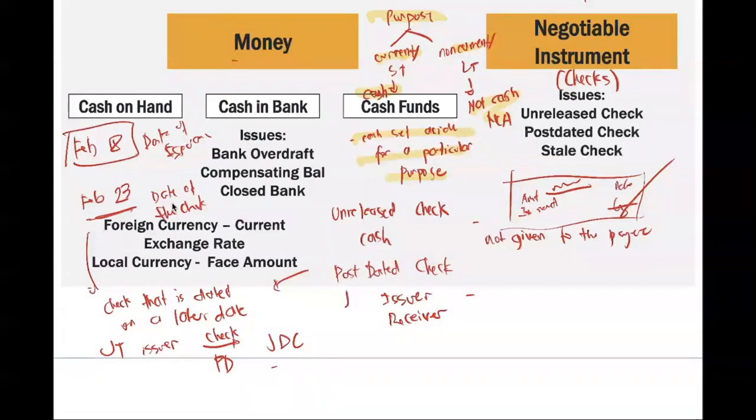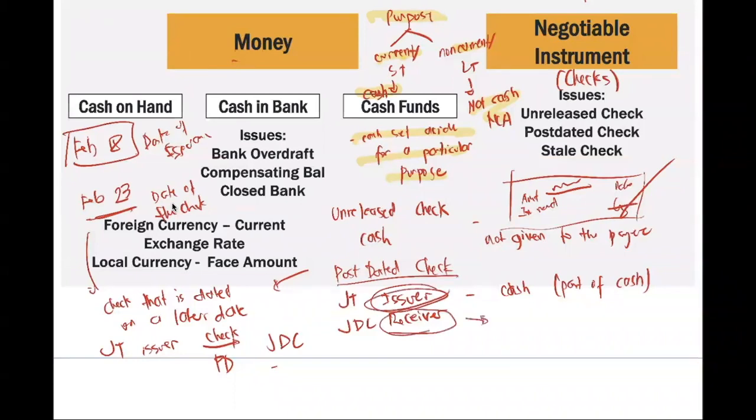So the issuer here is J. Tamayao, and the receiver is Juan de la Cruz. If you are the issuer of a post-dated check, this is considered cash. It is part of cash. A post-dated check on the part of the issuer is part of cash, while a post-dated check on the part of the receiver is considered not part of cash.